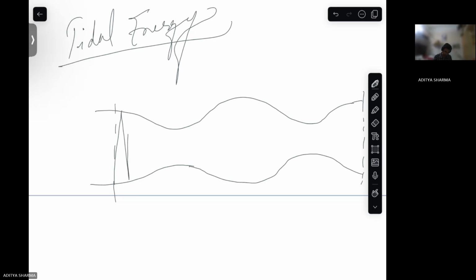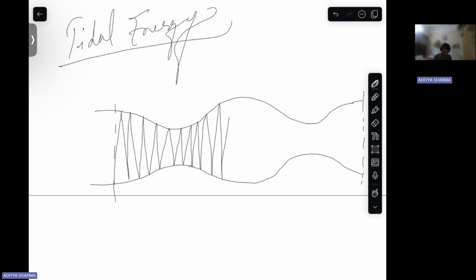So it goes like this. The zigzag basically is highs and lows with respect to your tides.